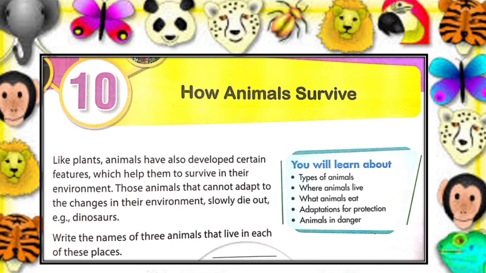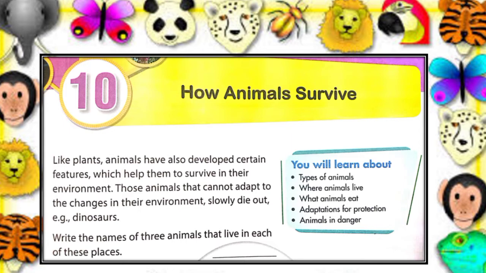Even animals live in Antarctica, so we can say that animals can live in many different places in the world because they have special adaptations or features to the area they live in.